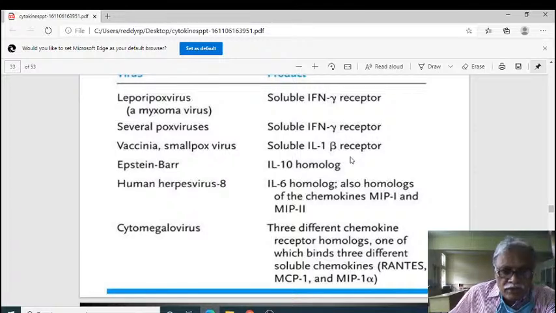Vaccinia and smallpox virus produce a soluble interleukin 1 beta receptor, and Epstein-Barr virus an interleukin 10 homolog.